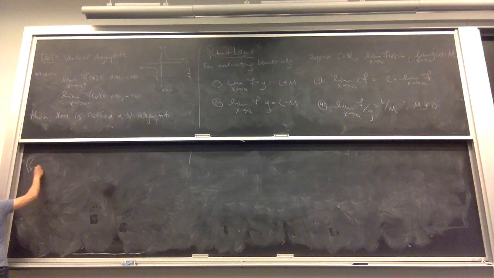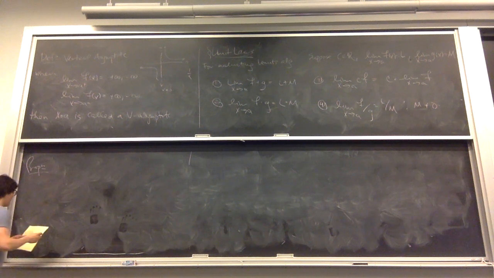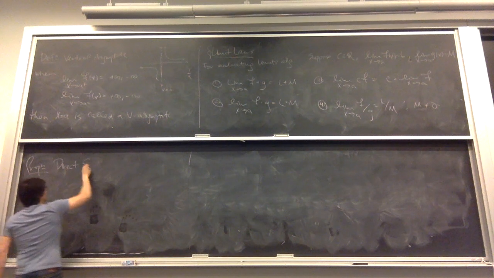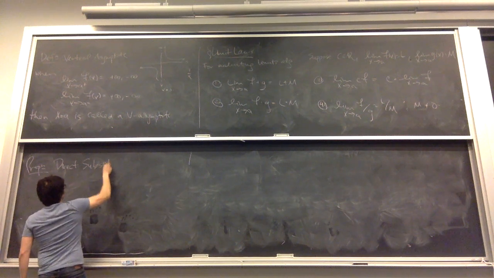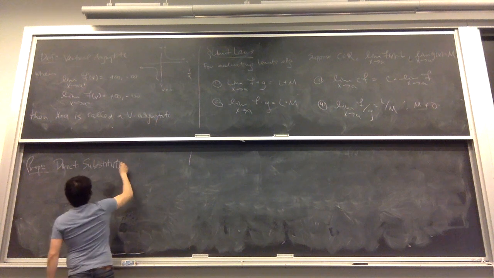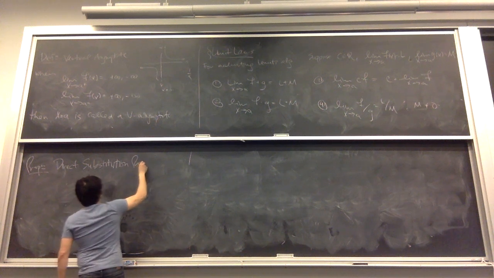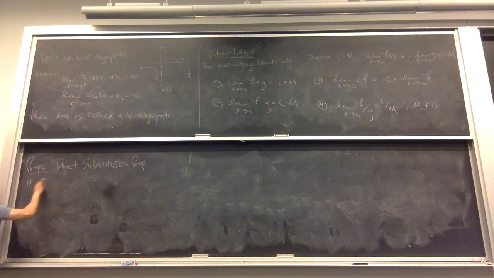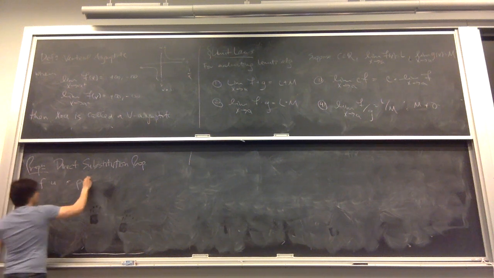So here's a proposition, which we're not going to prove. But this proposition is really important. It's called the direct substitution property. The direct substitution property says this: if f is a polynomial, do you guys know what those are?